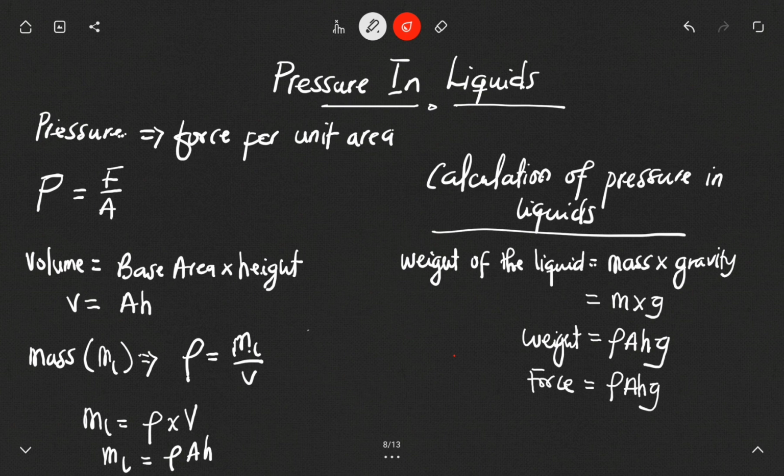Now let's look at something. Now we said that pressure is equal to force over area.